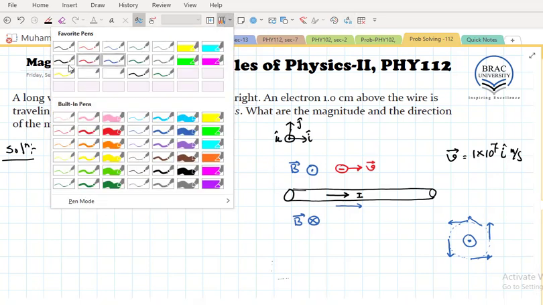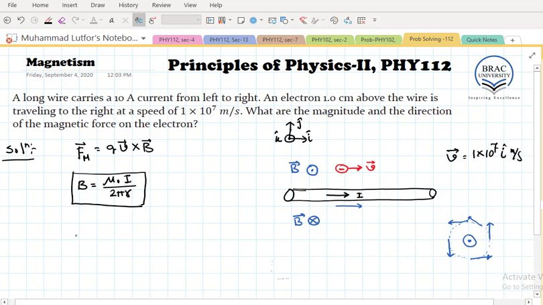Now I can find the magnitude of this one, because I know everything. So B would be mu naught, which is 4 pi into 10 to the minus 7, I is 10 ampere, that's given, and the radius, which is the location of this electron, is 1 centimeter.